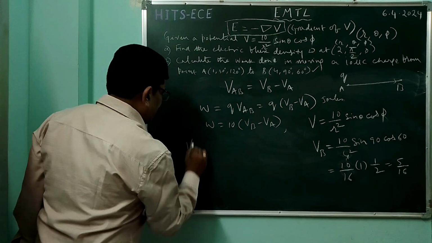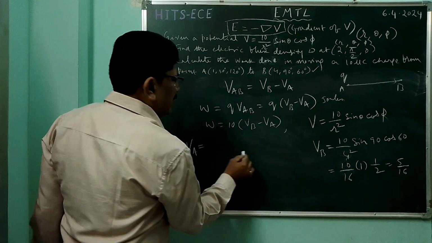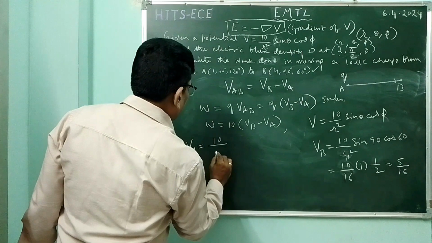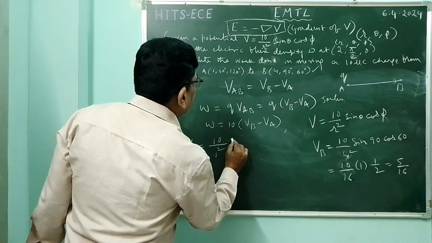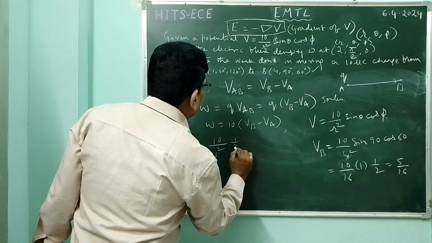In the same way, let us find out V_A now. V_A is equal to 10 by r, which is 1 squared, sin 30. Sin 30 is 1 by 2.